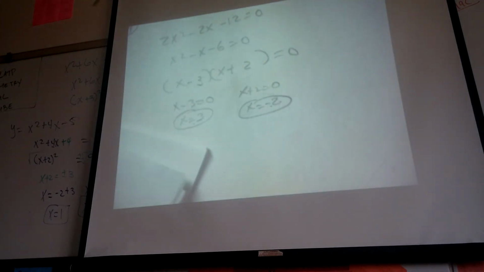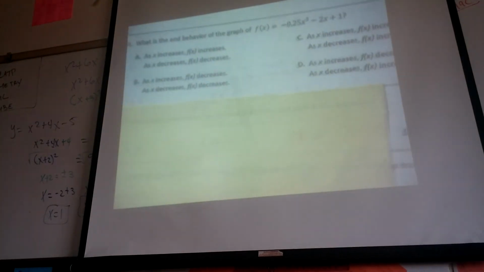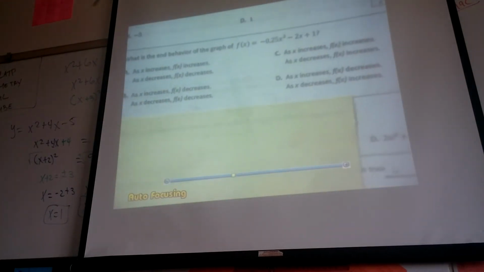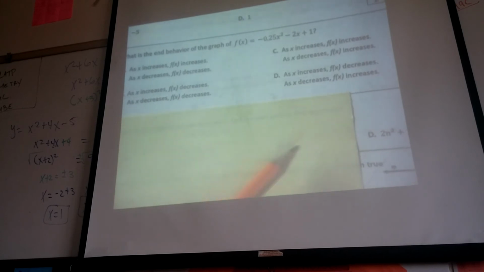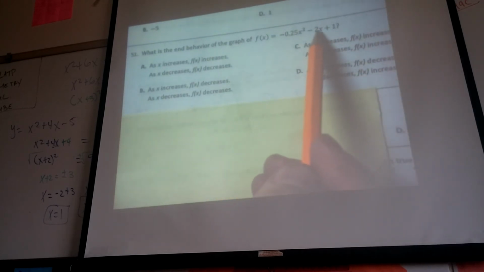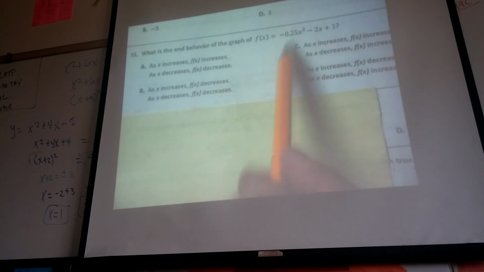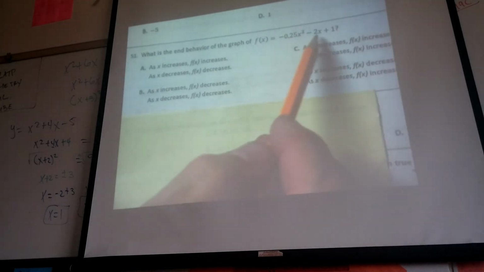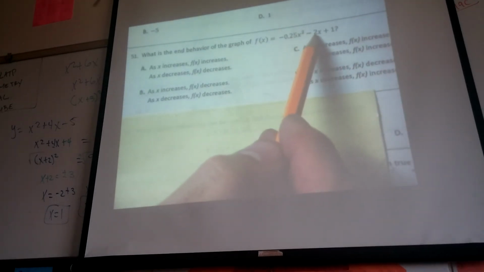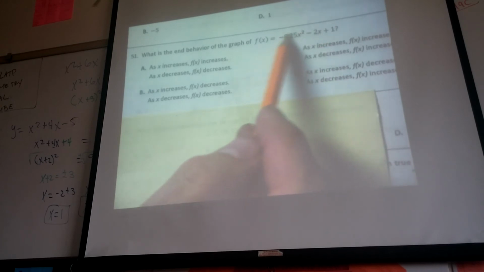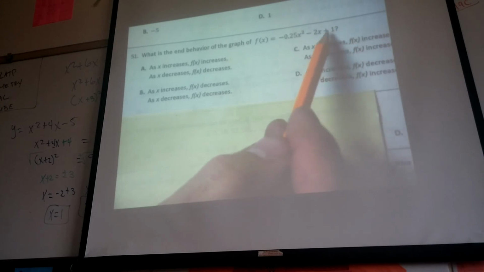All right. The next one is number 51. Number 51 says, what happens to y as x changes? So I look here, this is negative. So as the x gets bigger, let's say this is 0. This all cancels out, and this would be 1.